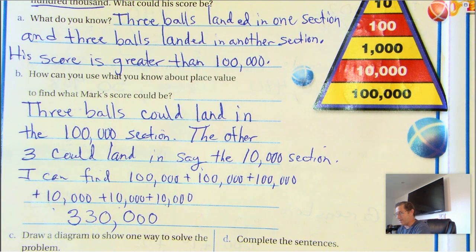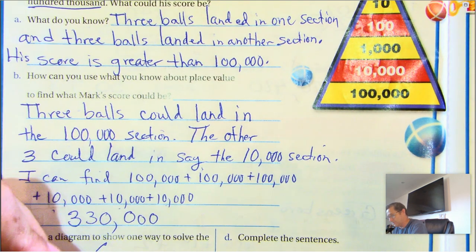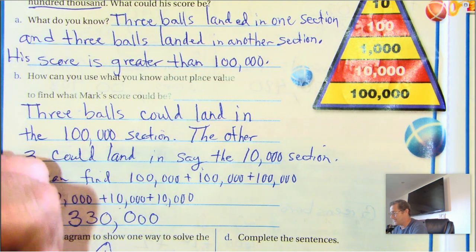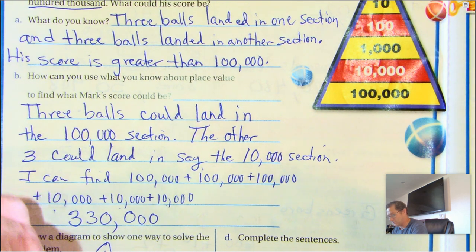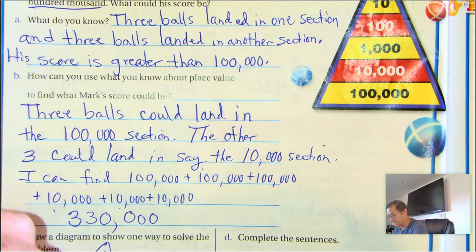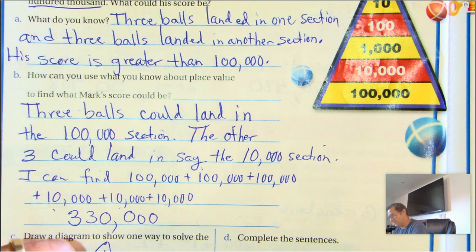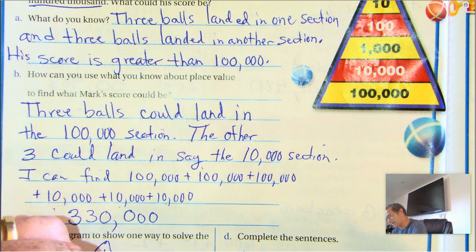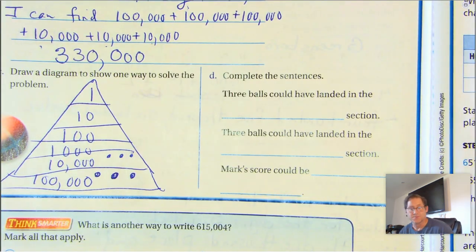Okay, so draw a diagram to show one way to solve the problem. All right, well, what did we do? We have this game, and that's ones, and that's tens, and that's hundreds, and that's thousands and then 10,000, and I need another row to get 100,000. And I know that 1, 2, 3 of the balls had to land in 100,000, and I went ahead and said the other 3 landed in the 10,000 spot.